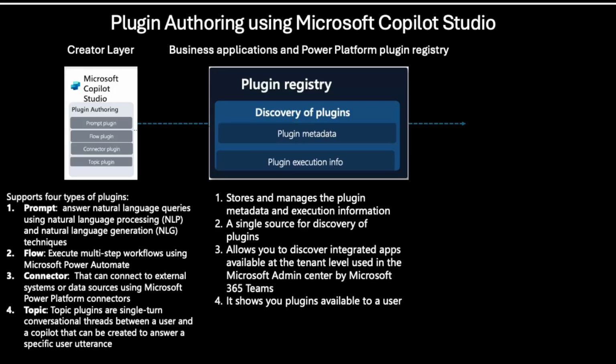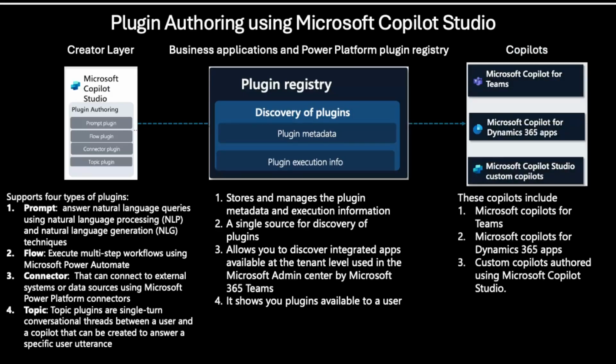It's a single source of discovery for the plugins, and it allows the user to discover which integrated apps are available at the tenant level that they can use. And this is managed by the Microsoft Admin Center. And it also shows plugins available to the user. And then finally, there's the actual Copilot, right? There's Microsoft Copilot for Teams, Dynamics, and custom Copilots are made in this Microsoft Copilot Studio.